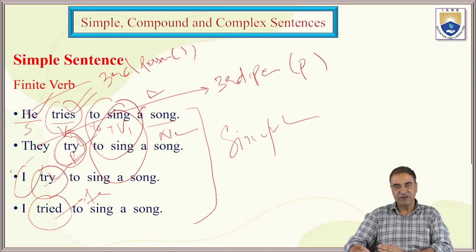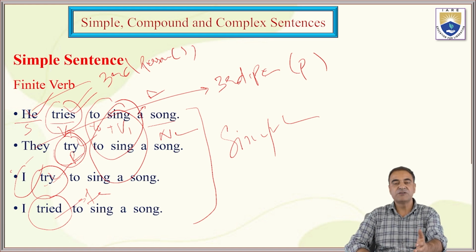And the non-finite verb is the opposite of it. Non-finite verb is a verb that doesn't show time of an action. Second point, a non-finite verb doesn't change if we bring change in the number, gender, or person of the subject. Like here, to sing remained unchanged in all the sentences.